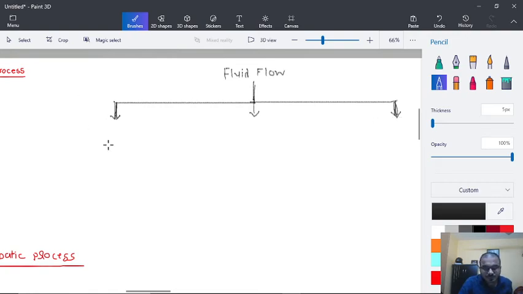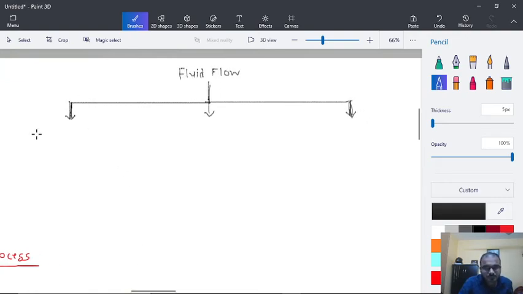The first is subsonic flow, then we have sonic flow, and then we have supersonic flow.